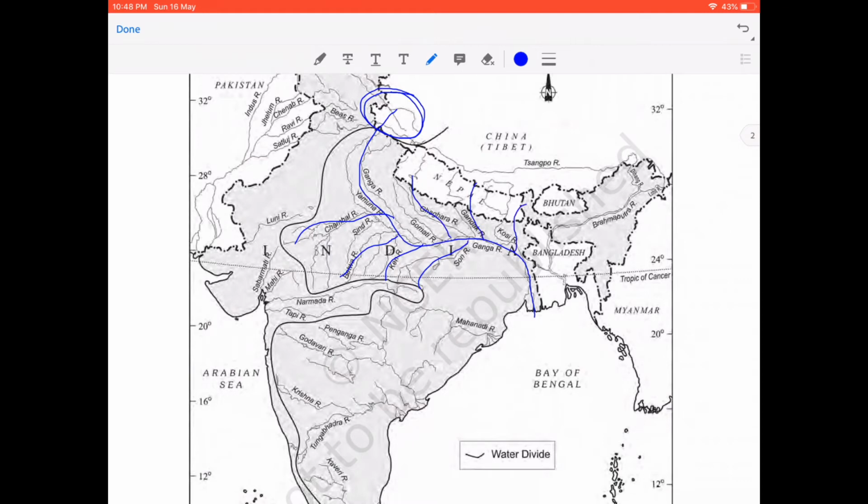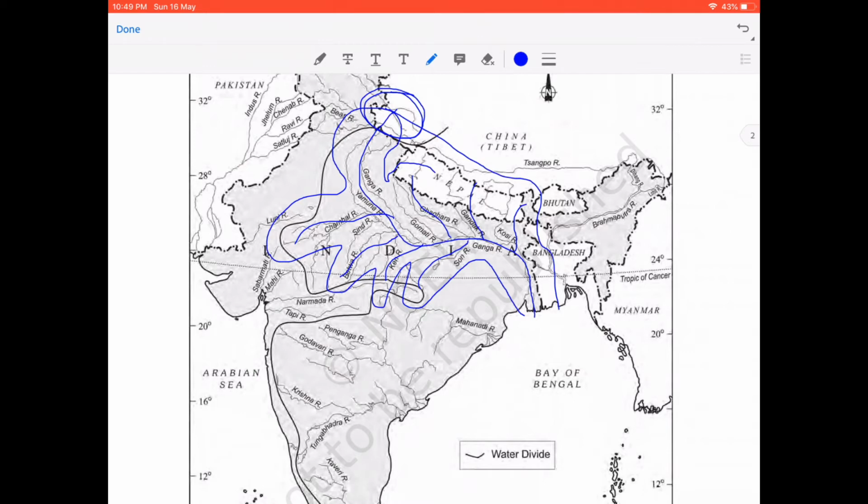So each and every river will be getting its own water source in and around the area through rainwater collection. If you see, what I am marking now will be the catchment area of this Ganga river. I am just making this as an example, it won't be accurate actually.